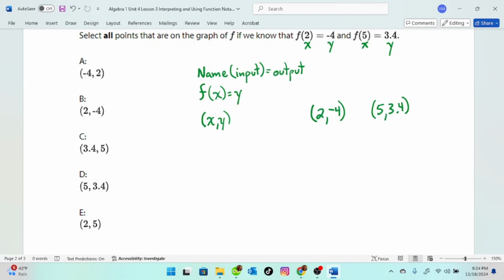So that means one of our answers is B, and another answer is D. A is wrong because it reversed the x and the y. C is wrong because it reversed the x and the y. And E is wrong because it used the x from the first function as the x and the x from the second function as the y.